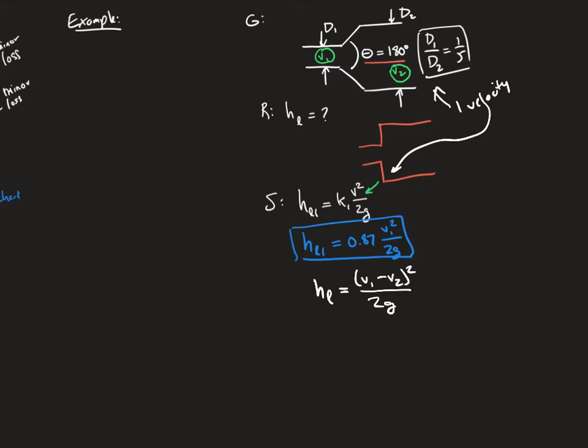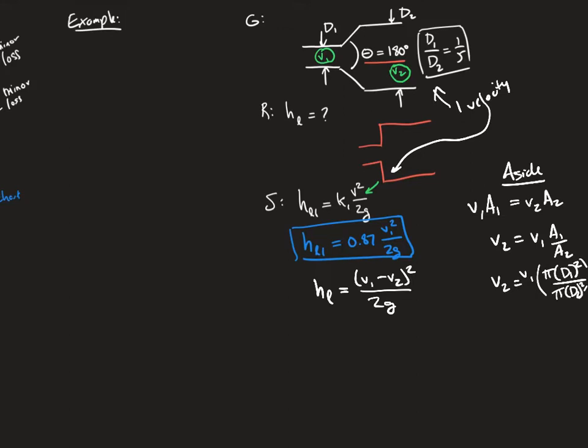So this is an aside: we're going to do some continuity. V1A1 equals V2A2. We want this in terms of V1, so V2 equals V1A1 divided by A2. Then we deal with these areas. That equals V1 times pi D1 squared over pi D2 squared.